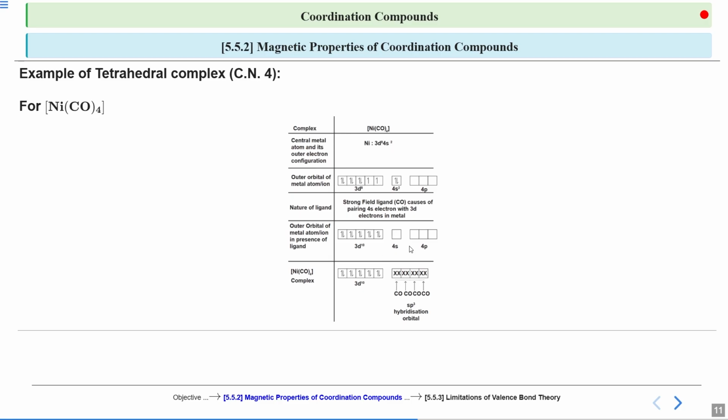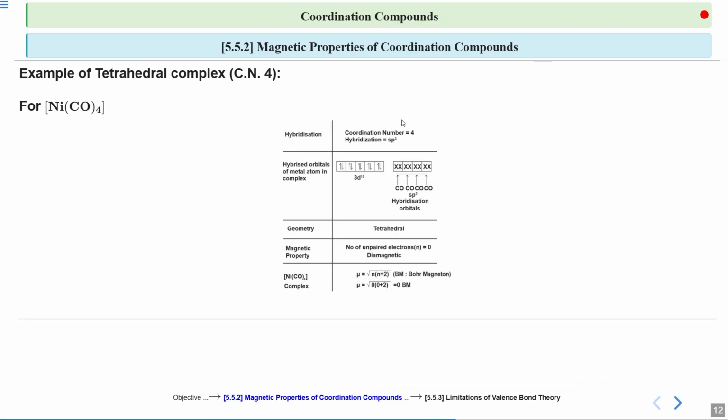So the 4s and the 3p orbitals are hybridized and give us sp3 hybridized orbitals, in which the carbonyl ligands are going to donate their electrons to form the coordinate covalent bond with the nickel. In this manner, you can see each carbonyl is going to donate its electrons into each orbital of the sp3 hybridization.